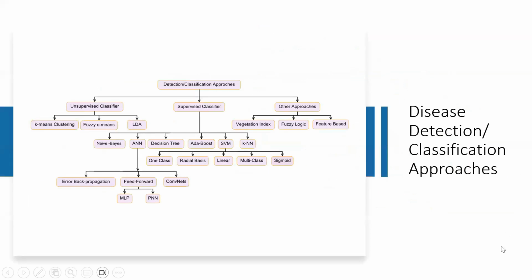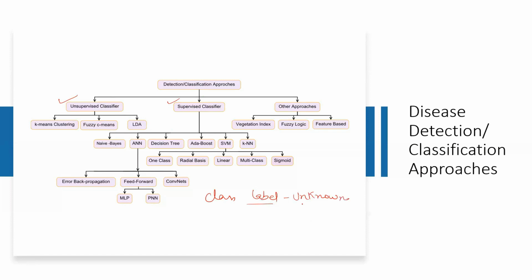Then you can have classification approaches. This is a common approach, in which we have unsupervised classification and supervised classification. Basically, what is the difference between unsupervised and supervised? The difference is the class label. In unsupervised classification, the class label is unknown.